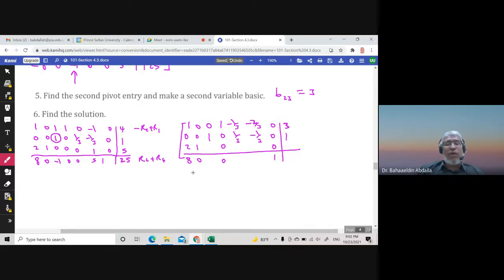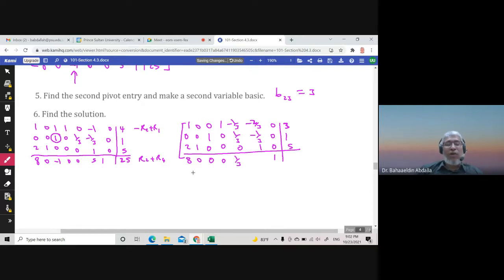Okay, there is no change in row 3. There is a change in row 4. Negative 1, no, I just add R2 plus R4. 1 minus 1, 0. 1 over 3.